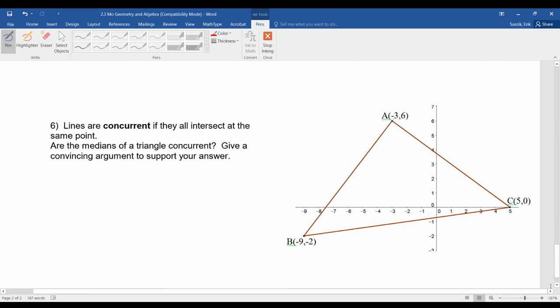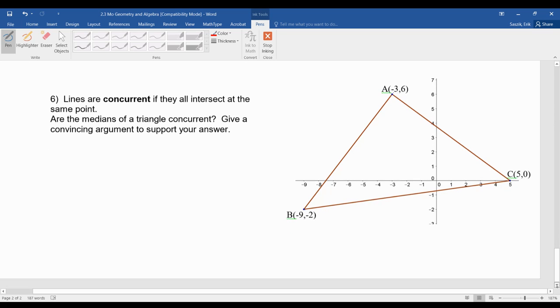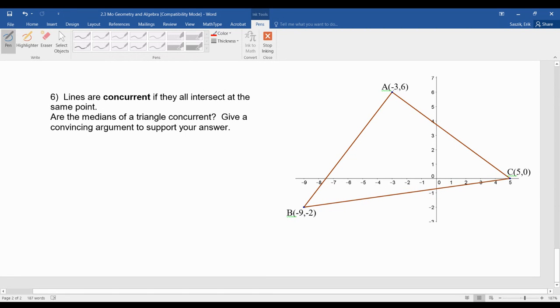This one down here, I'm not going to do in the video. I will have a posted document that has the solutions worked out. It says lines are concurrent if they all intersect at the same point. Are the medians of a triangle concurrent? So you'd have to come up with the equations of all 3 medians of this triangle, solve a couple of systems, and show that they all meet at the same point.